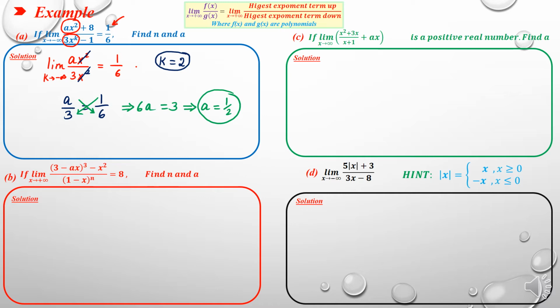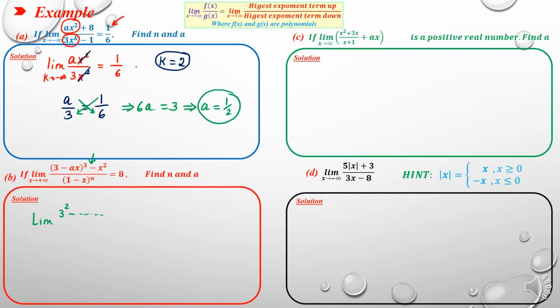Now in part B, this is the limit we have, and the limit equals 8. And we have the bracket 3 minus ax cubed. So this will be the limit of 3 cubed, then minus plus other terms, okay?